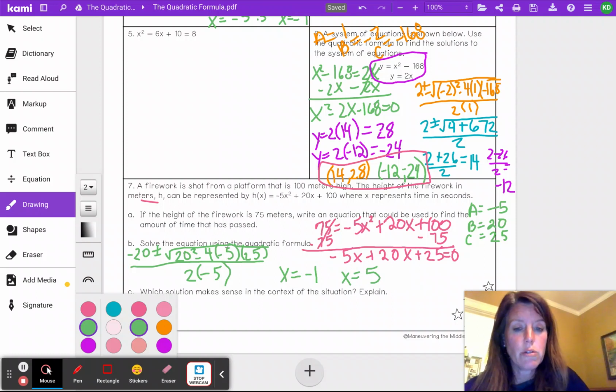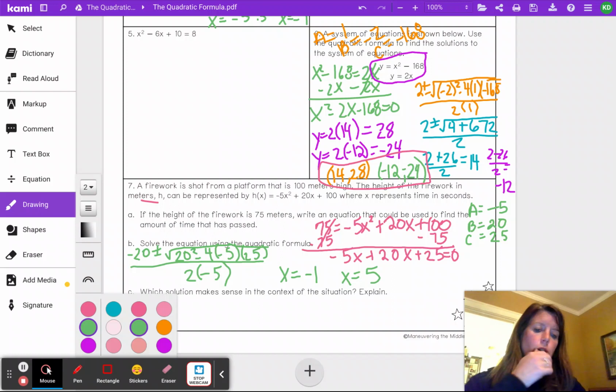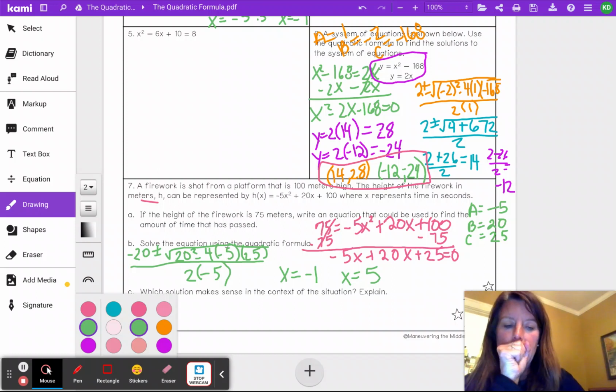If you want to, again, do negative 20 plus square root of all that divided by 2 times negative 5, or if you just want to put in negative 10, you can do that in your head. That would be one answer. Next answer, negative 20 minus square root, all that business divided by negative 10. It's going to give your next answer as well.